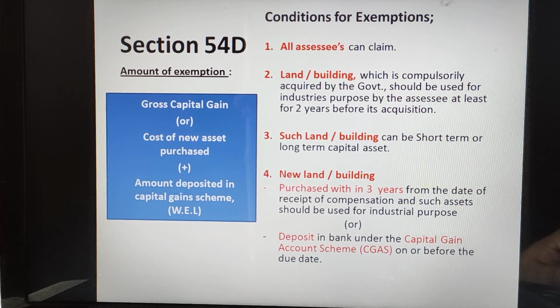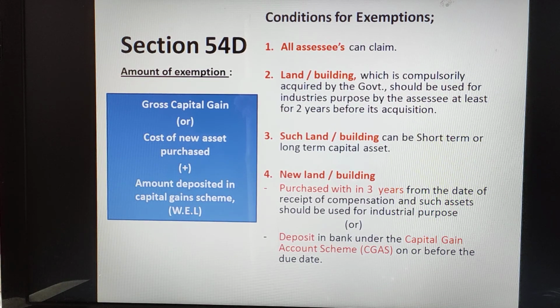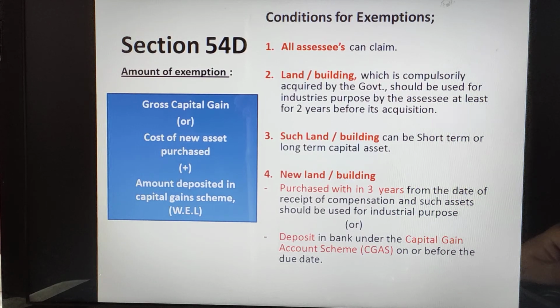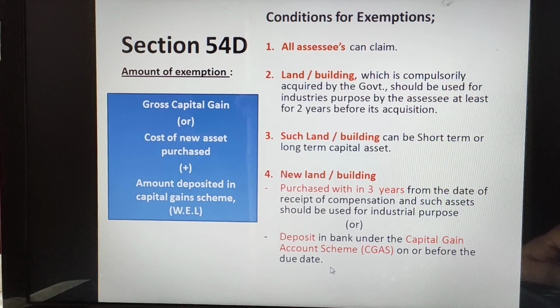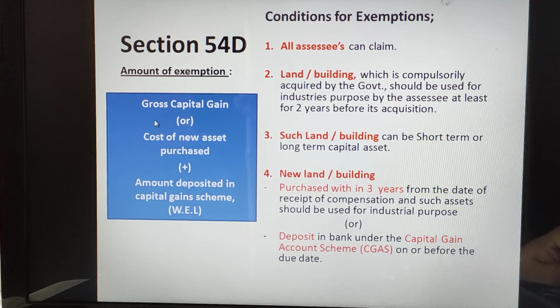That land and building should be used for industrial purpose. Along with that, if you have deposited any amount in the capital gain account scheme, that also can be considered. If these 4 points are satisfied, now comes the limit of exemption you can claim.